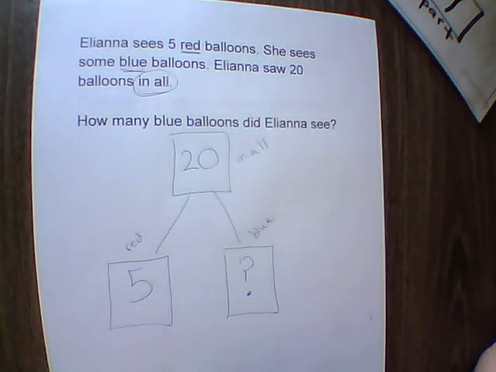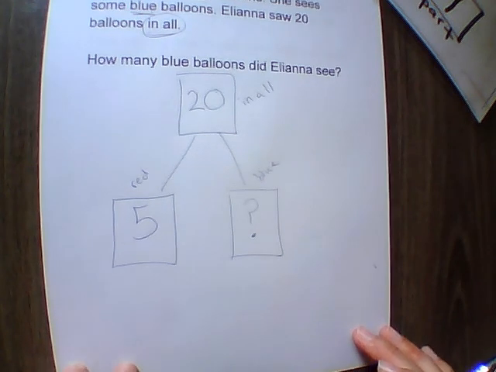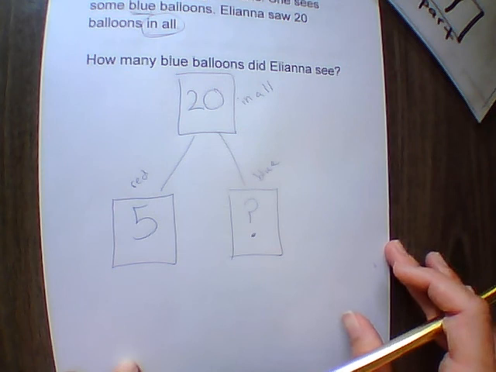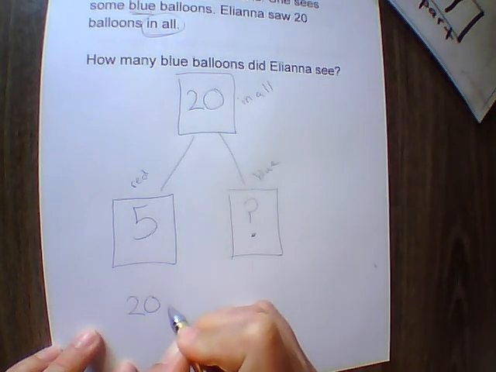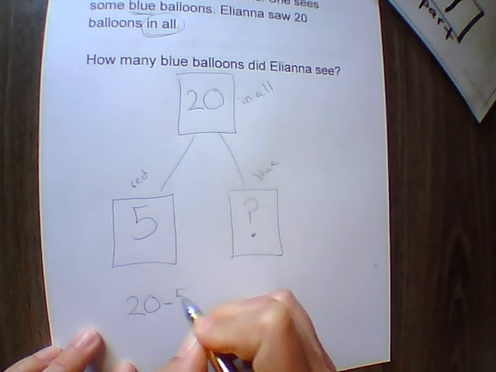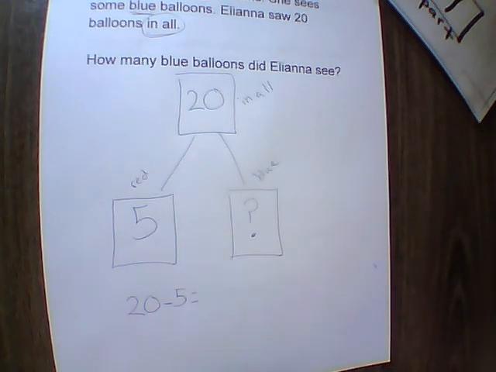It's very important to go back and keep reading it so that we don't miss any information. Now it says, how many blue balloons did Eliana see? Well, we have it all set up now that we can see our numbers. So I know I'm going to take my 20 balloons. I'm going to take away those 5 to figure out the rest that are blue. So 20 minus 5. Do that. If you have not done that, do that now. Go.